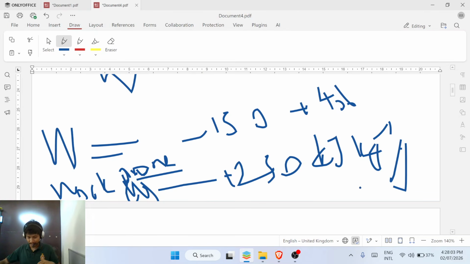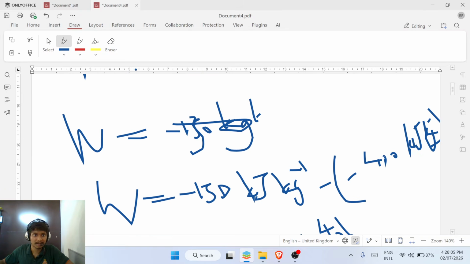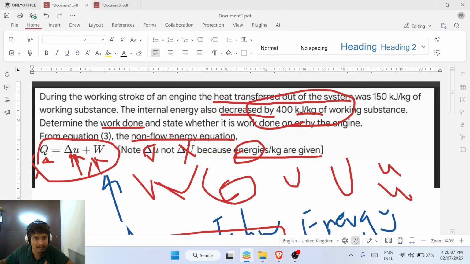Now in the question they have asked to determine the work done. We have determined the work done, and to state whether it is work done on or by the engine.